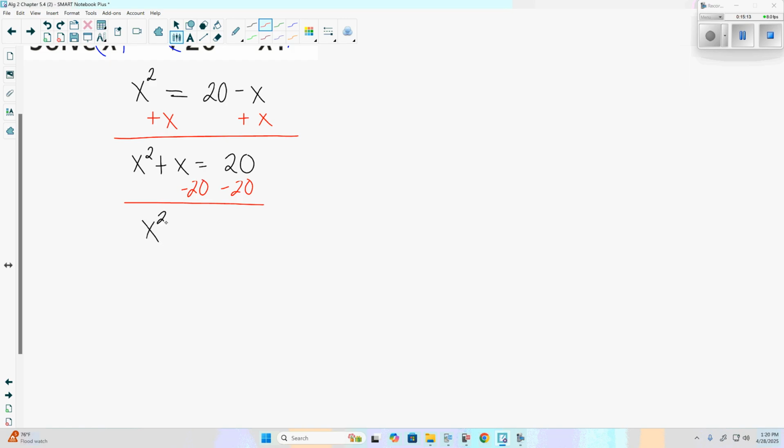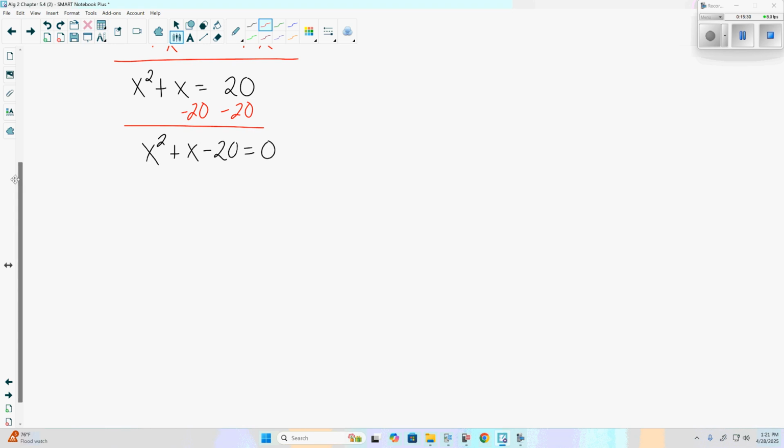Notice that we have x squared plus x minus 20 equals 0. Because it really doesn't matter if you add x first or subtract 20 first, because whichever one you do first, you'll have to do the other one second. Questions on how we got this equation equal to 0?